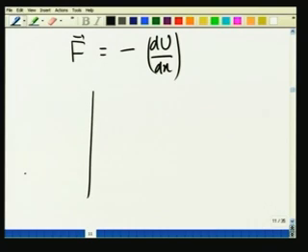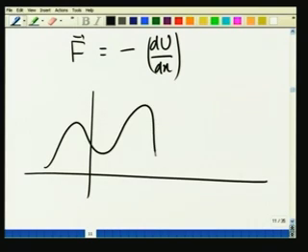That is quite understandable if I go back to the one dimensional case also. Recall there that f was equal to minus du dx, so that the force direction, if you recall that example, was towards decreasing u. It was this way here, this way here, this is the force direction.